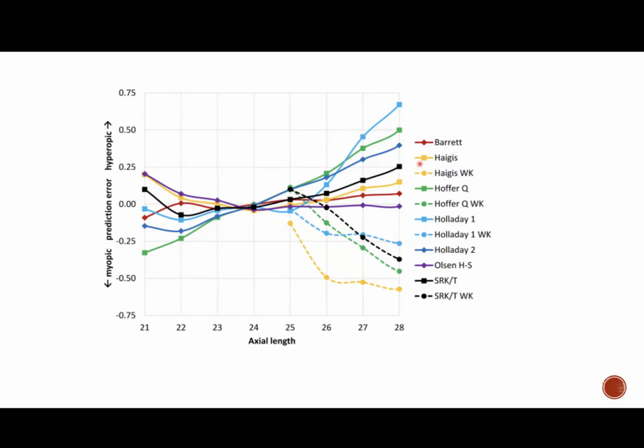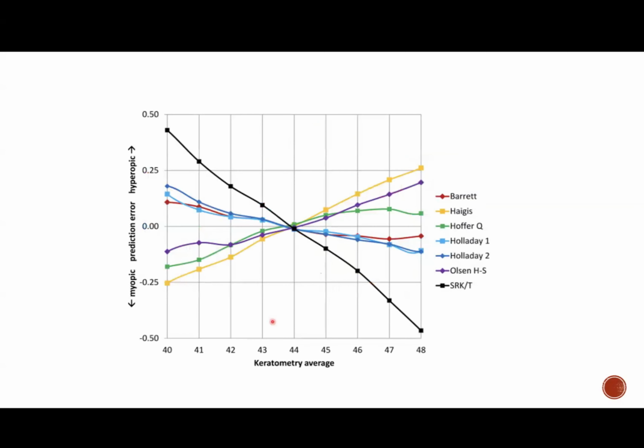Red is the Barrett Universal formula. Barrett Universal 2 is doing a reasonably good job across all axial length measurements within this range. And look at this, this is against the average keratometry. When the keratometry changes from 40 to 48, Barrett Universal 2 is again doing reasonably okay.